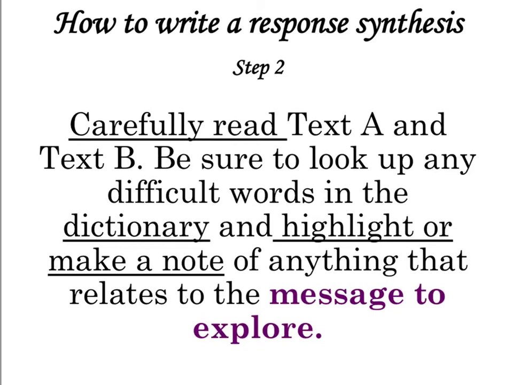And what you want to do is look up any difficult words in the dictionary and make sure you highlight or make a note of anything that relates to the message to explore. So in terms of the novel, you just want to flip through the novel, look at the notes you took for the discussion questions, and see if you can explore the particular message.